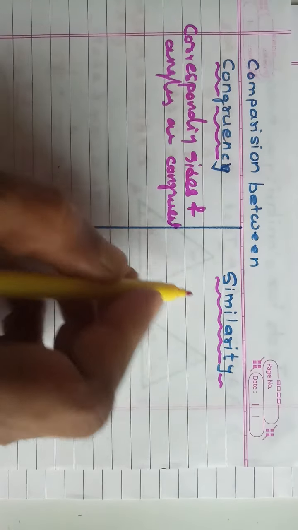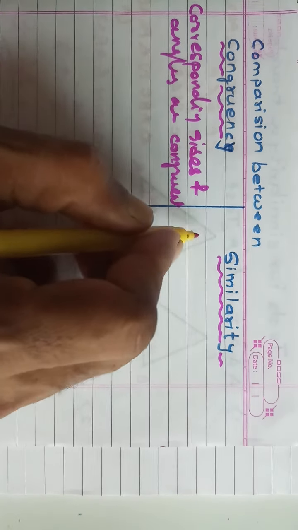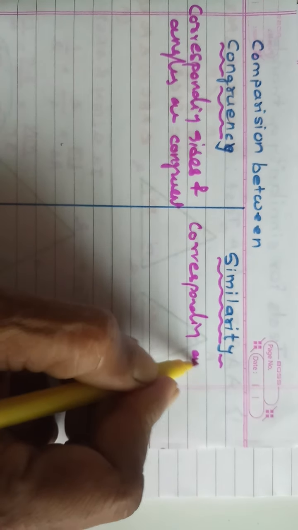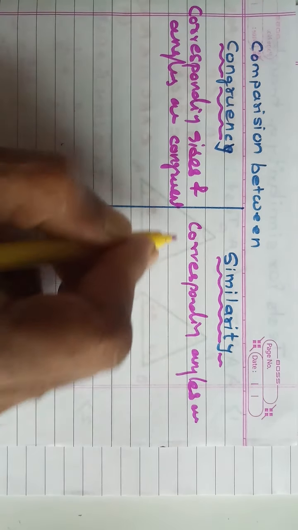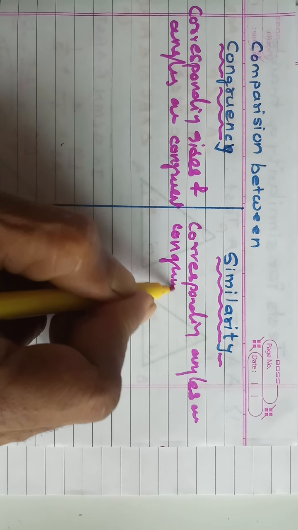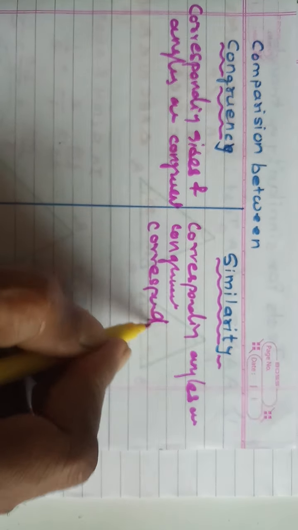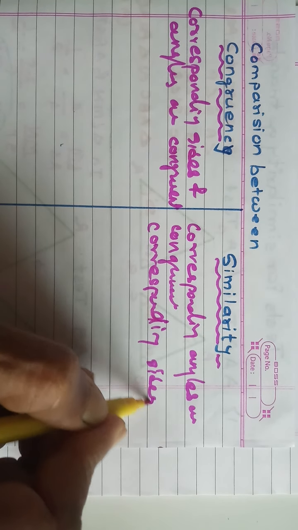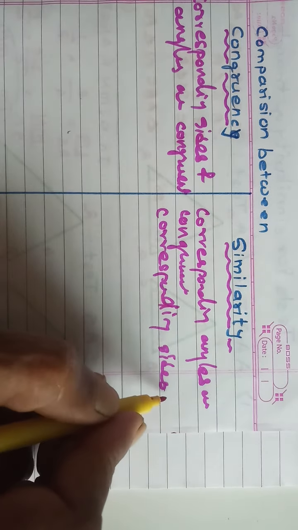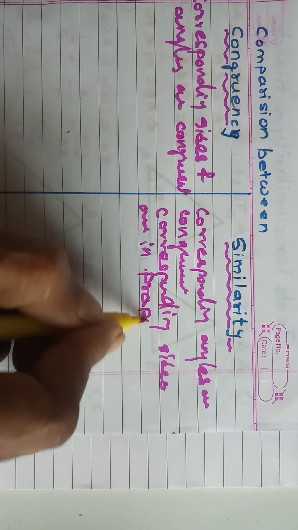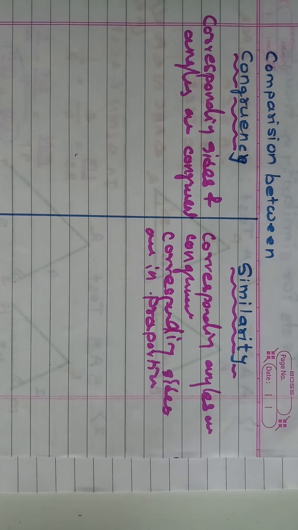But here for similarity, corresponding angles are congruent and corresponding sides are in proportion. So this is the difference between congruency and similarity.